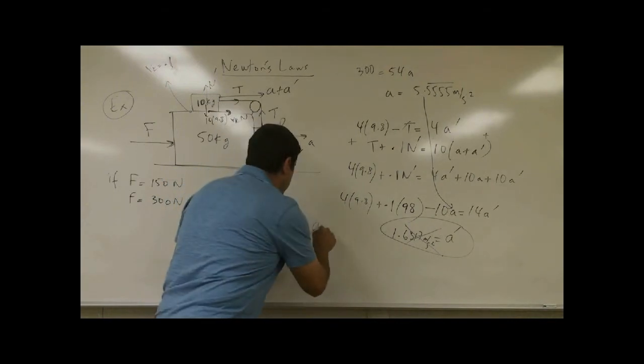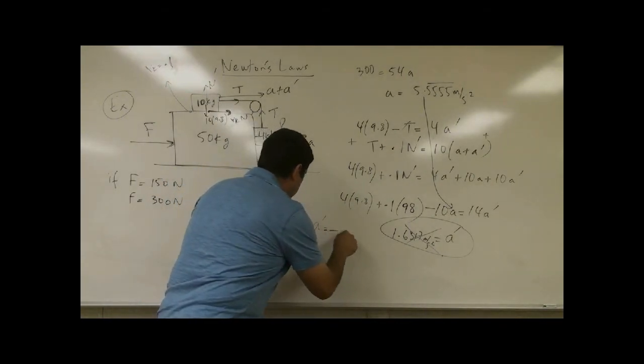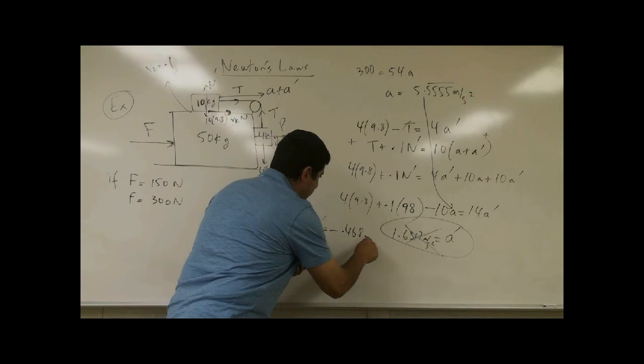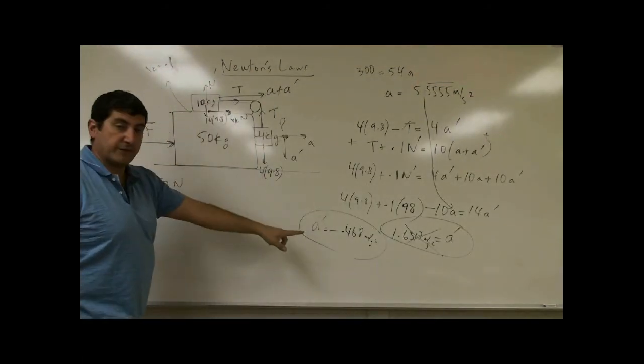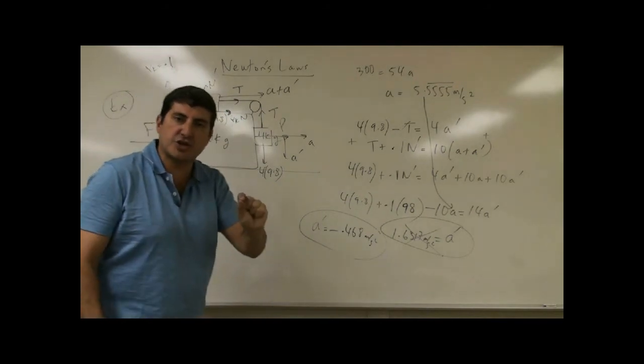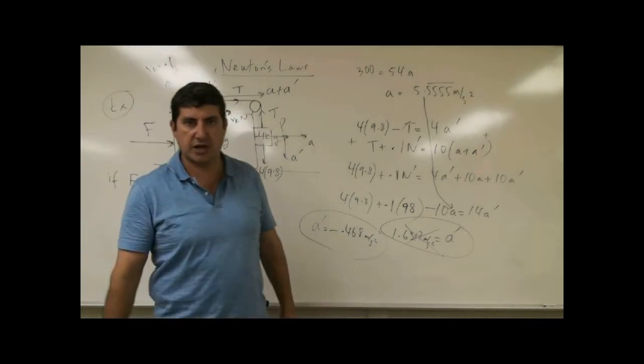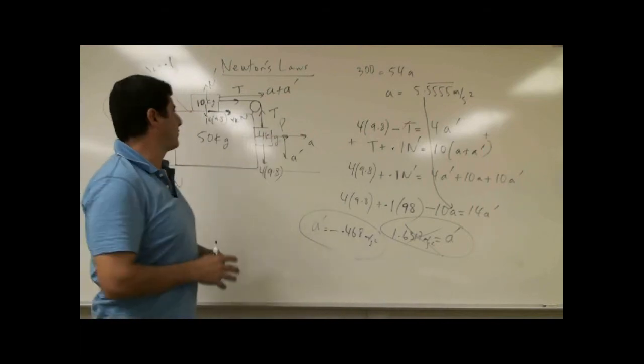Now the acceleration is negative 0.468 meters per second squared. Means it accelerates back with an acceleration of 0.468, which is less than the acceleration it would have had if there was no friction, okay?